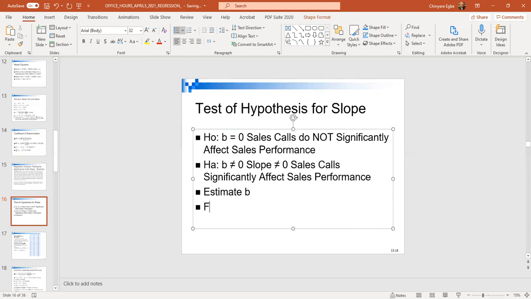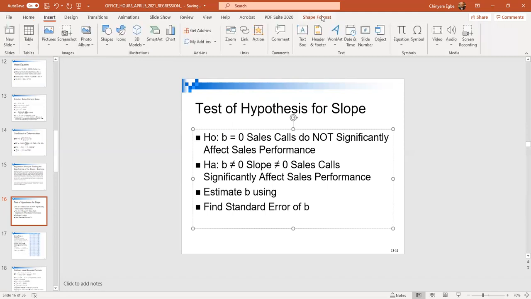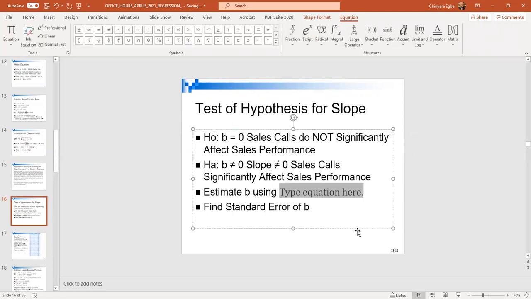Then we find the standard error of B hat, using B hat.